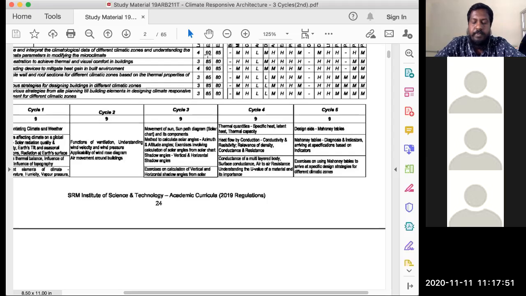You can choose appropriate materials where less heat is transferred into your building, and thermal comfort inside the building is achieved appropriately. And this helps in choosing materials by reading through the specification also. I don't know how many of us, when we look into a building material, look into the quality, the color, but do we look into the thermal properties of a material? So these are conditions which should be specified in this fourth cycle.